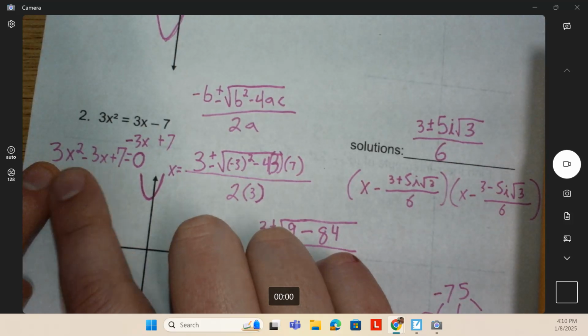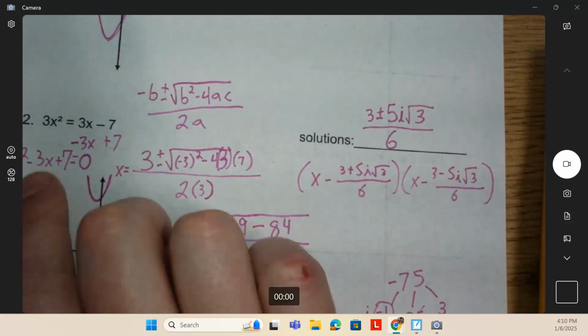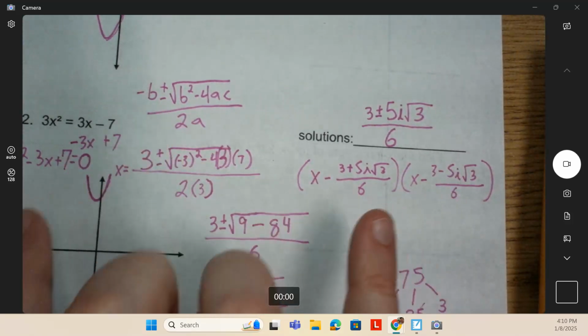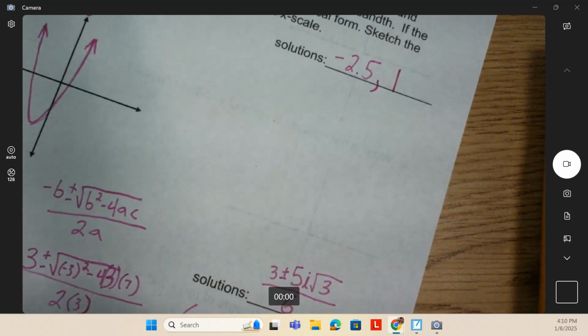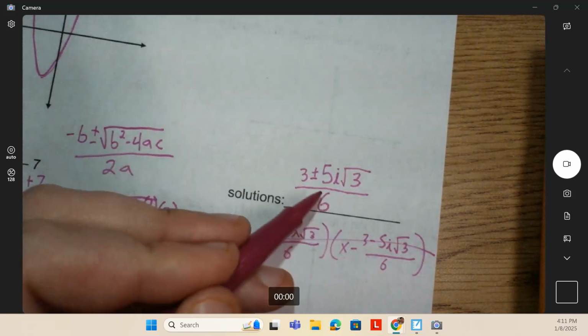So even though they're imaginary roots, if I recombine them, it works both ways. So that's the reason we are able to find those. But for you, we just need this as my answer here.